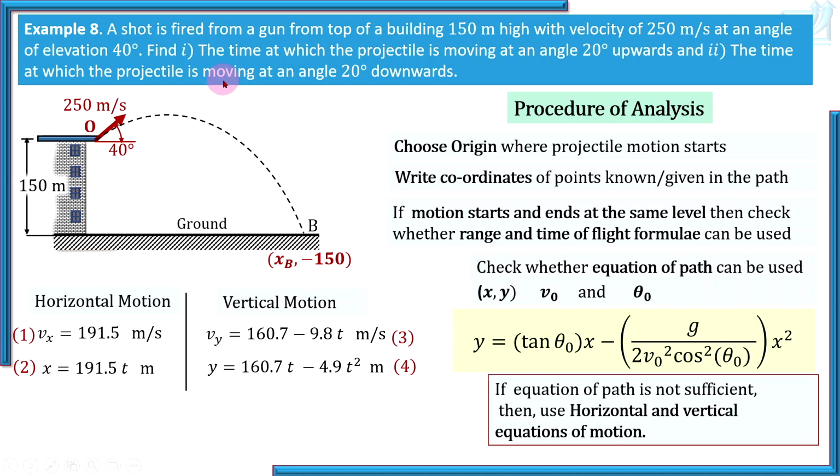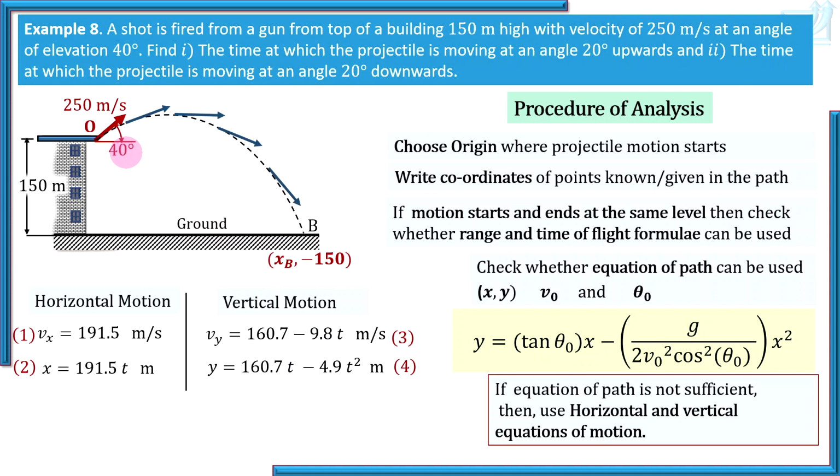What is asked in the problem? The time at which the projectile is moving at an angle 20 degrees upwards and the time at which the projectile is moving at an angle 20 degrees downwards. Now you know that initially, when it is projected, that is at t equal to 0, theta 0, angle of velocity is 40 degrees. But during the motion, angle of velocity continuously changes.